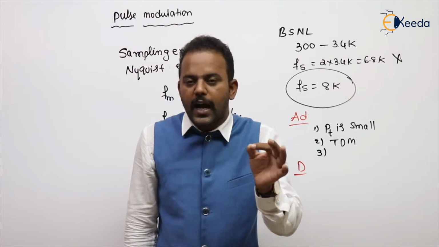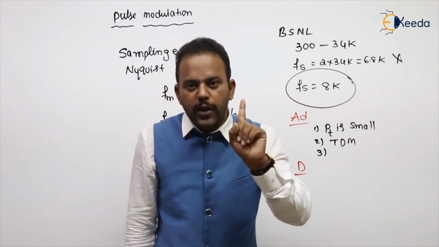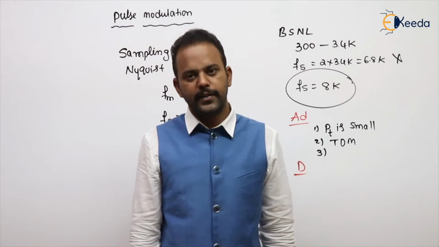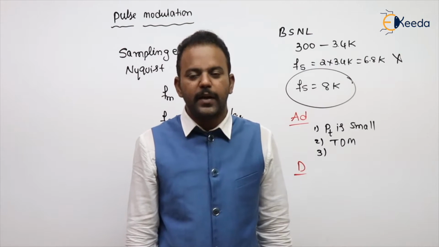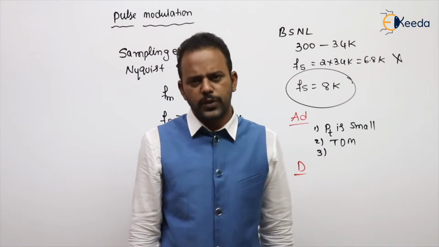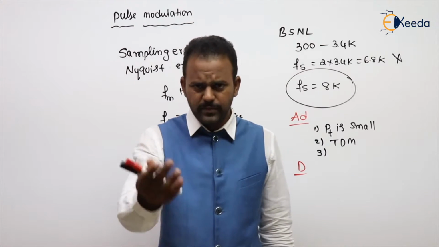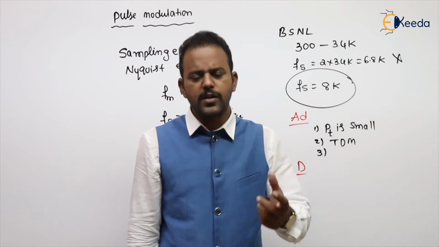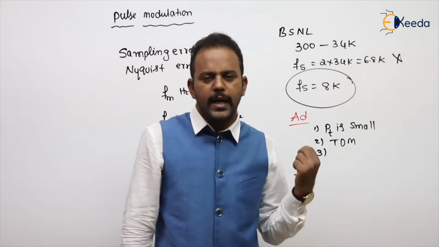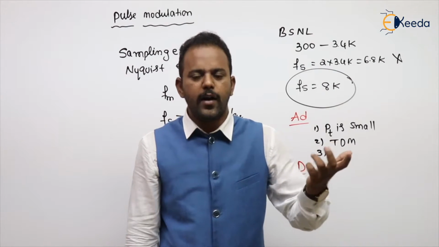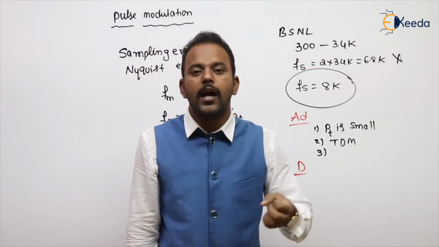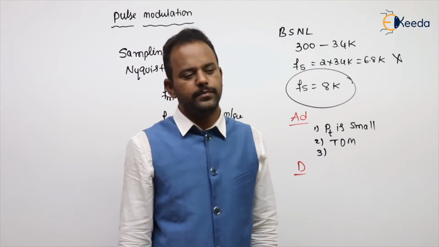Are you getting my point or not? Here you can see micro switches handling thousands of kilowatts of power. Normal amplifiers handle small power. Amplifiers mean continuous time. Switches mean discrete, on and off, on and off. So if you are using devices like that, you can handle a larger amount of power.